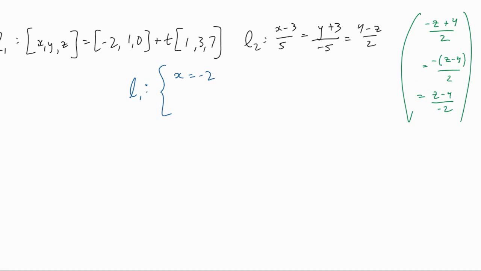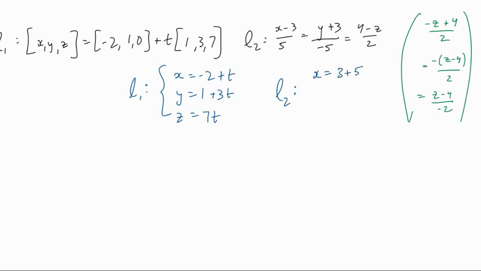This can be a great strategy if you start to get mixed up in what's what, or wait a minute, which one came from which form. So that's 0 plus 7t, so that's just 7t. And then L2 is going to end up being x equals 3 plus 5.